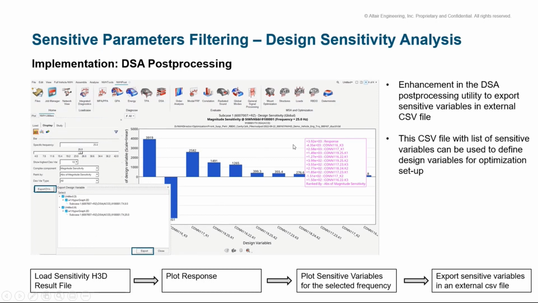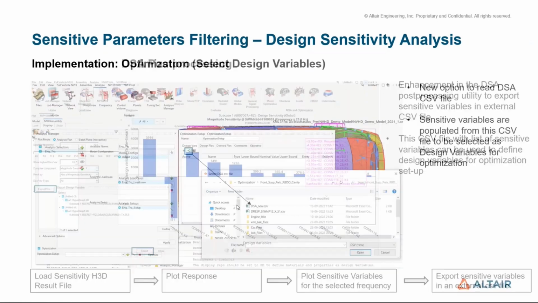And once those sensitive parameters are plotted, there is a new option introduced where you can write out these design variables in an external CSV file. You can just imagine that you have now a list of 10 bar plots for different responses at different frequencies. You can pick and choose what you want to write out in the external CSV file, so you will write out a CSV file with information on those sensitive parameters.